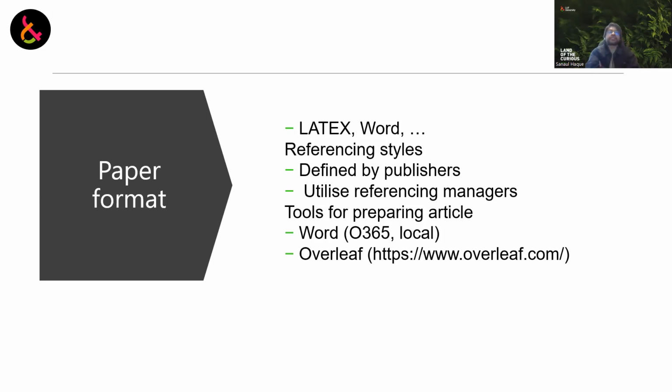In that case, they just give you some instructions like the font size of the text, the layout and the spacing options. This is pretty much a simple thing. So not necessarily in all cases do you have to follow a paper format. But for tools for preparing articles, Word you can of course use, and Overleaf, which I have mentioned already.